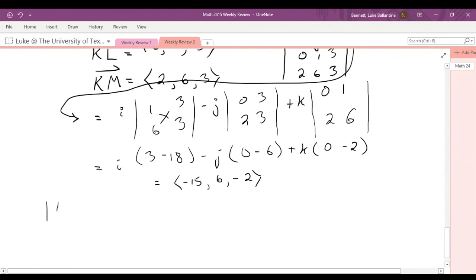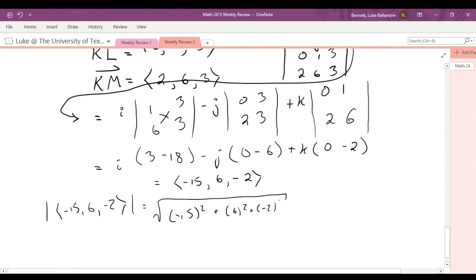So the magnitude of negative 15, 6, negative 2 is equal to the square root of negative 15 squared, plus 6 squared, plus negative 2 squared. 15 squared is 225. 6 squared is 36. Negative 2 squared is 4.